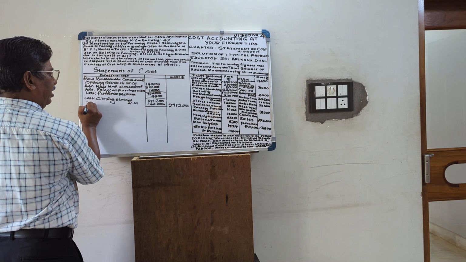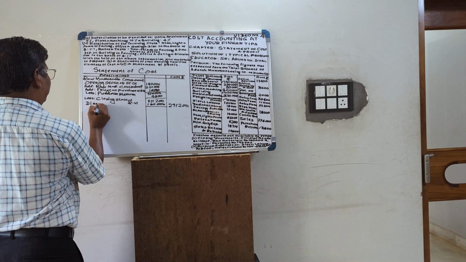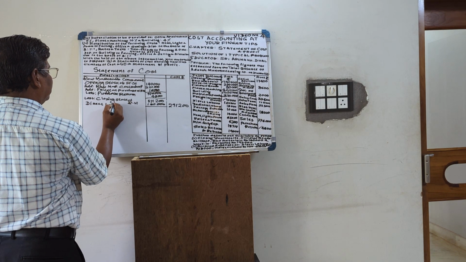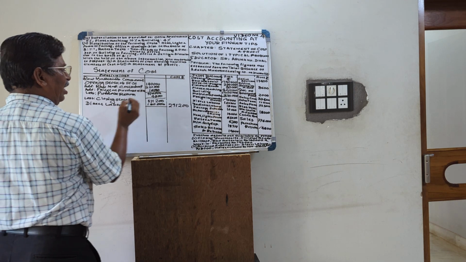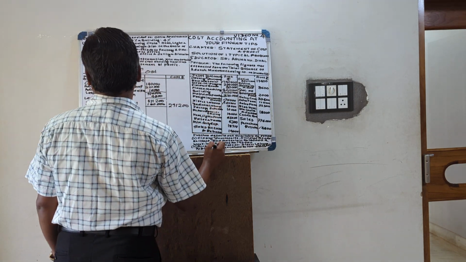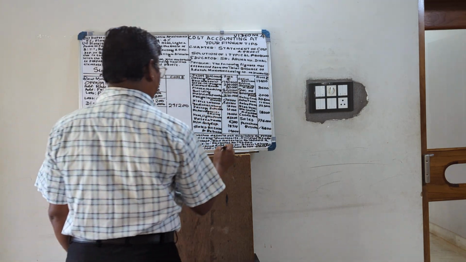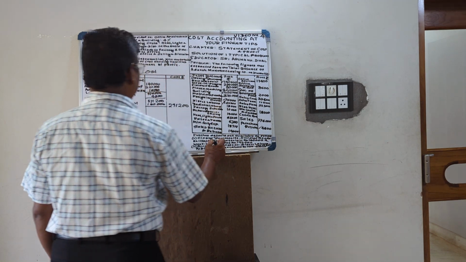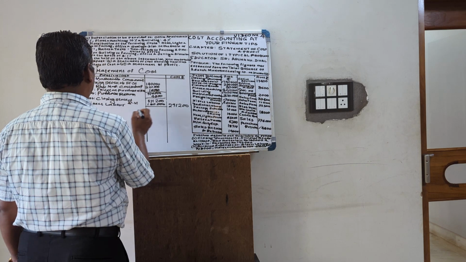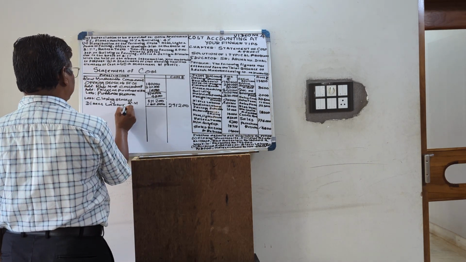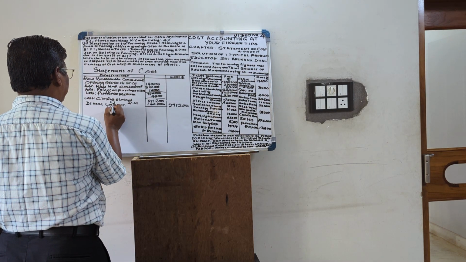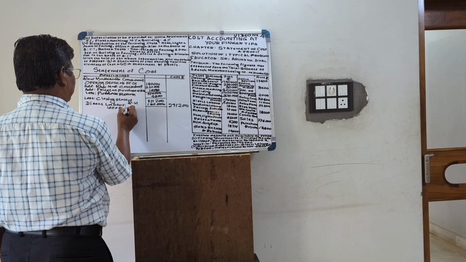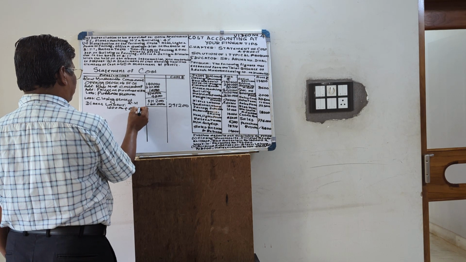Add direct labor. Here direct labor is given 1,60,000 and outstanding of labor is given, accrued direct labor, that is 8,000. So direct labor is 1,60,000 plus 8,000 accrued expenses.